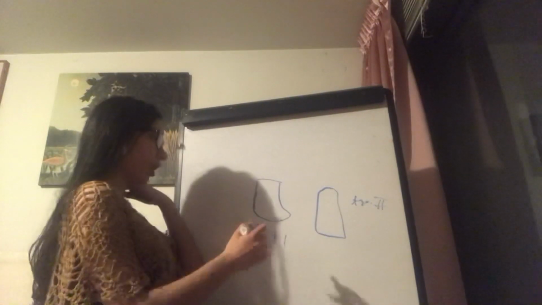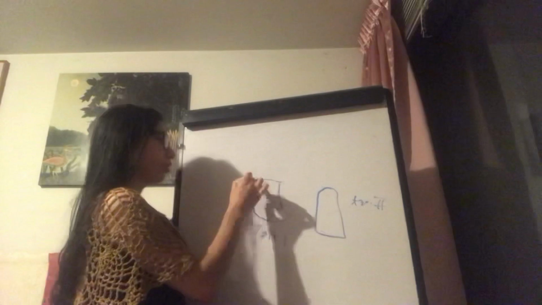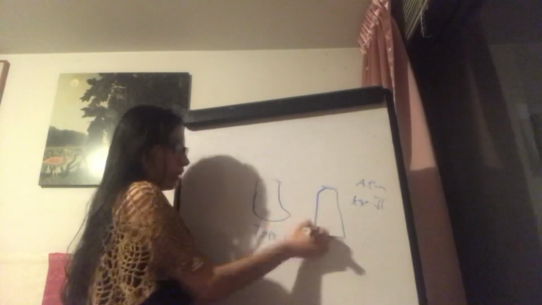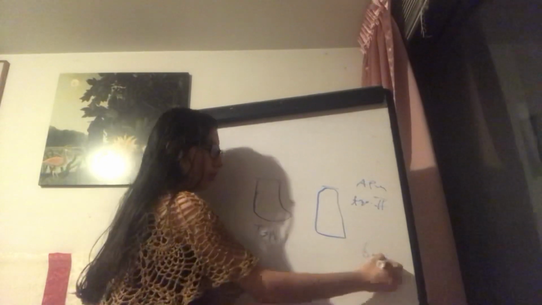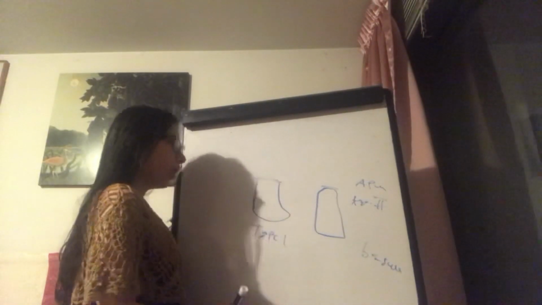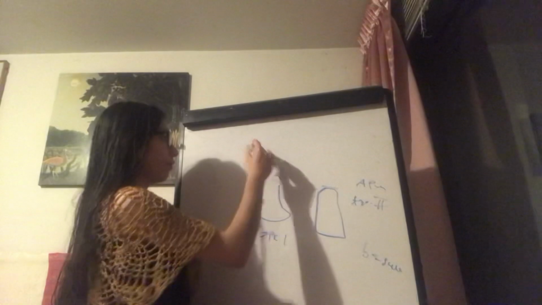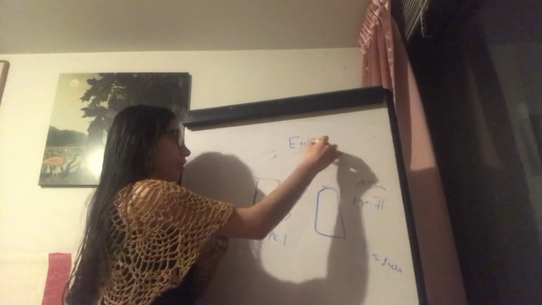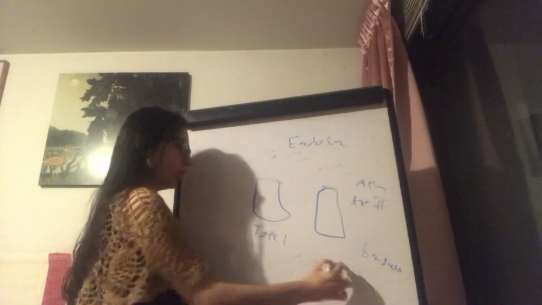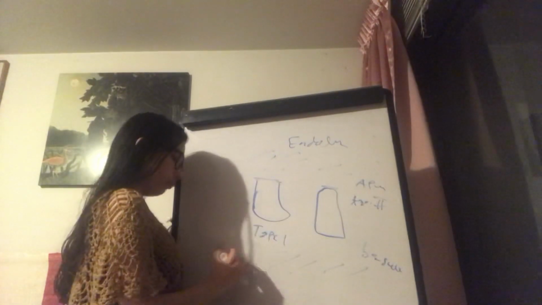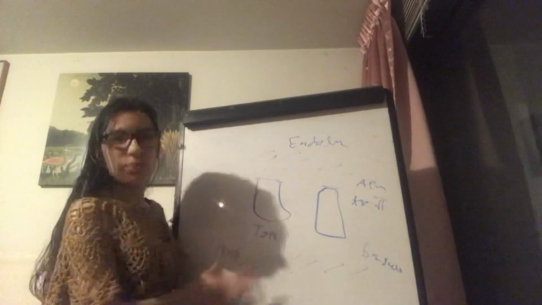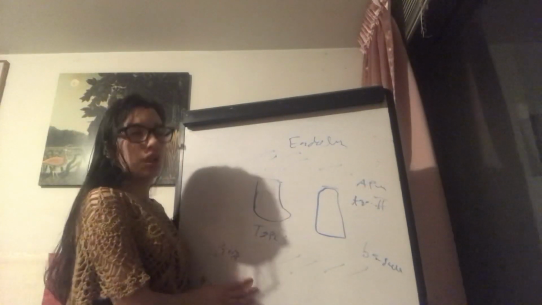So here we have an apical membrane. This will be the apical membrane, and all this is the basolateral membrane. On this side, all this is the endolymph, and this is the perilymph. The composition of the perilymph is quite similar to the cerebrospinal fluid.